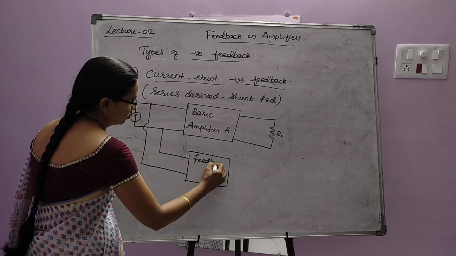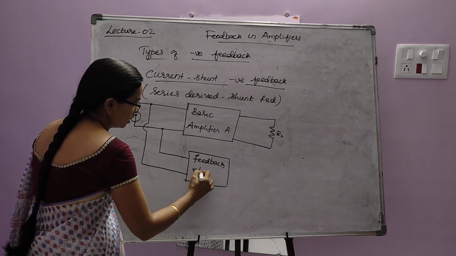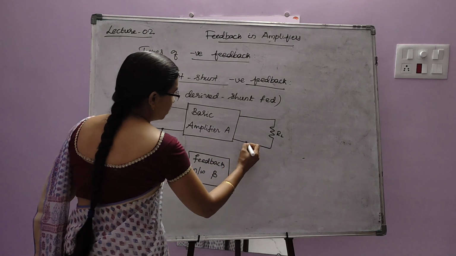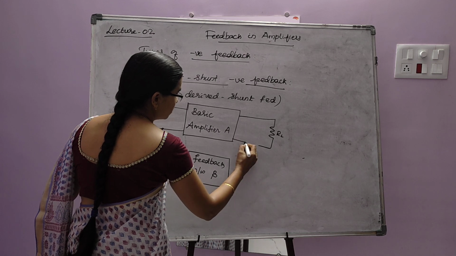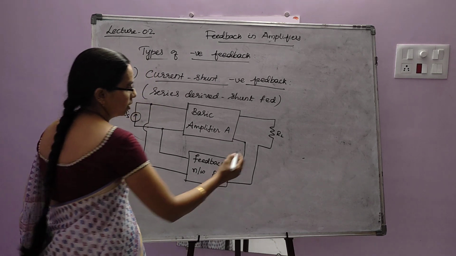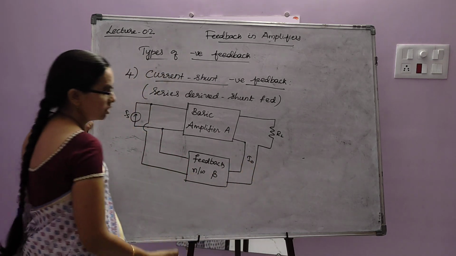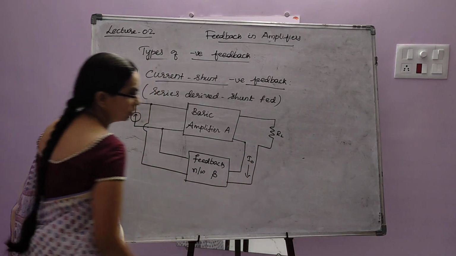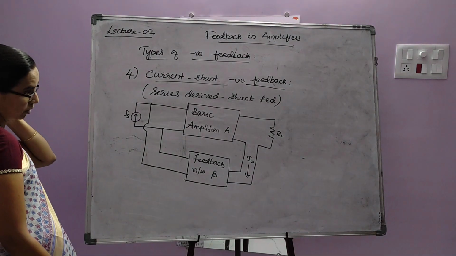Feedback network, which is having a feedback fraction beta, and it is current series, current connection is in series. The output current I0 is made to flow through the feedback network.